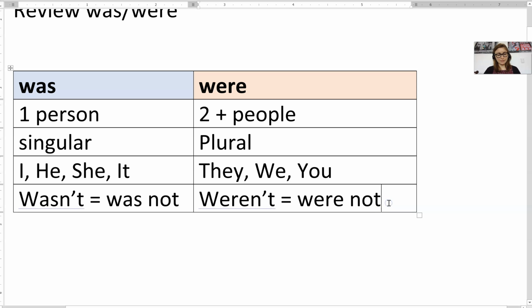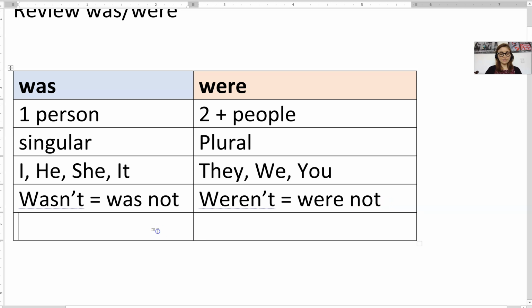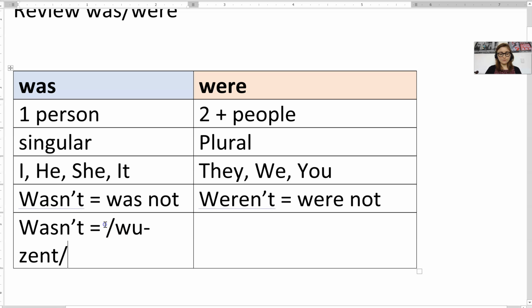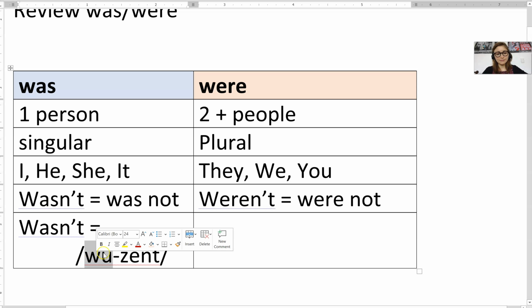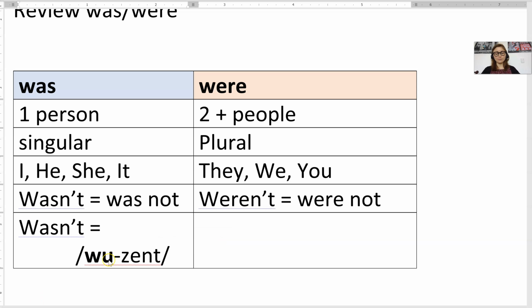Okay, good. And I'm just going to add here the pronunciation for these. Remember, this is not spelling, it's pronunciation. What does it sound like? Okay, so for wasn't, it looks like this. Wasn't. Okay, the next one for the pronunciation is one syllable.